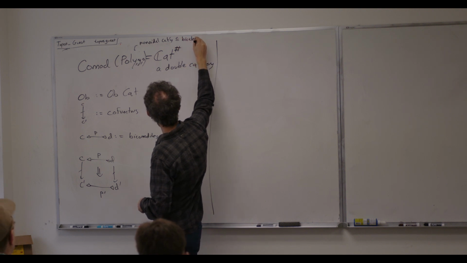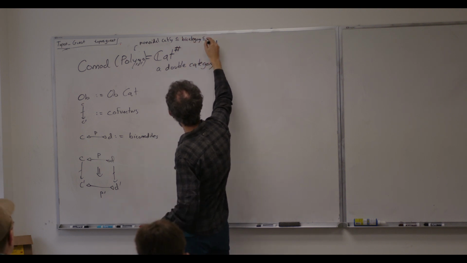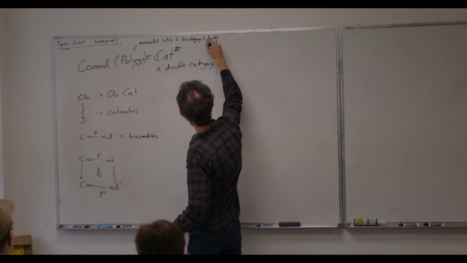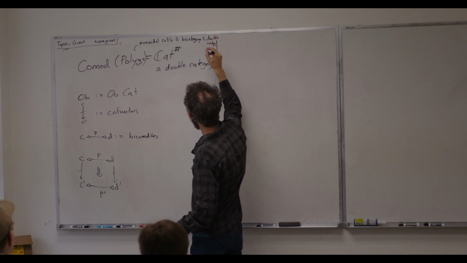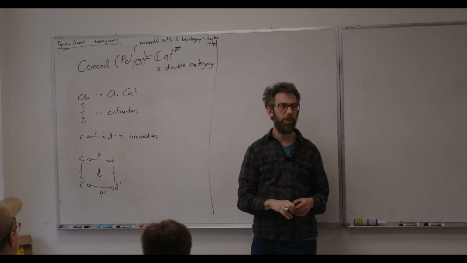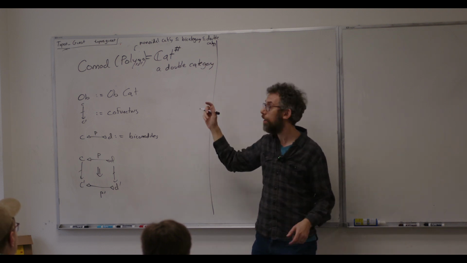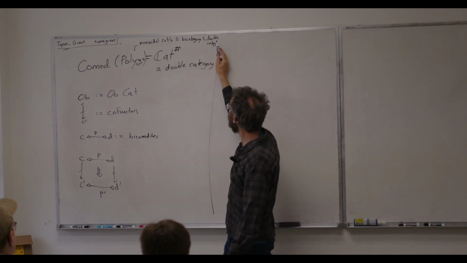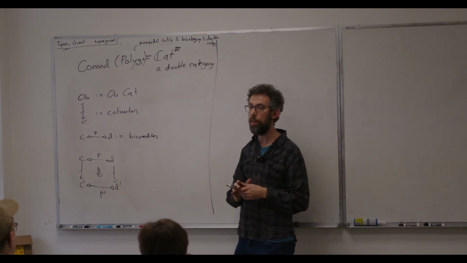It's a bicategory with one object, and that's a kind of double category. It's a vertically trivial double category. You don't have to know those words because we're going to get into the actual thing that's poly-ish pretty soon. I'm just saying this for people who do know these words. So if you have a monoidal category, you have a vertically trivial double category.